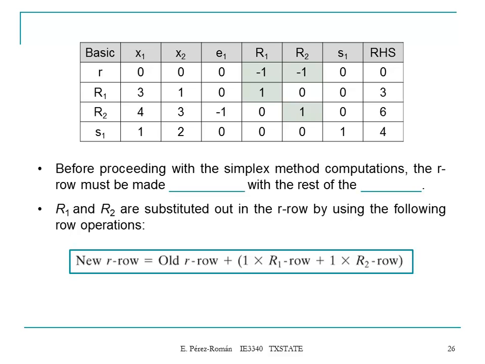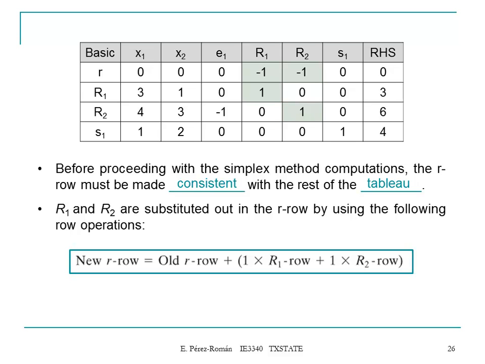Okay, but before proceeding with the simplex method, the R row must be made consistent with the rest of the tableau. What that means is, if you have R1 and R2 as part of your basic feasible solution, you know that this row 0 value should be 0 for those two values. Okay? Right now, that's not the case.